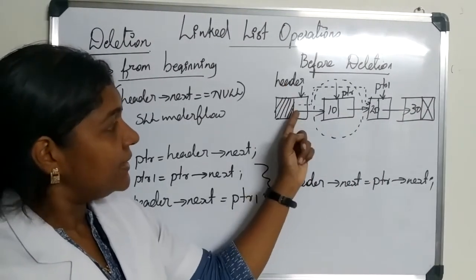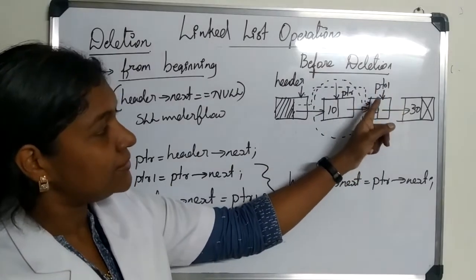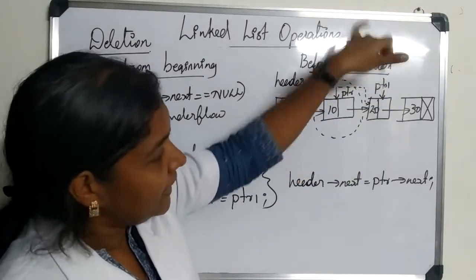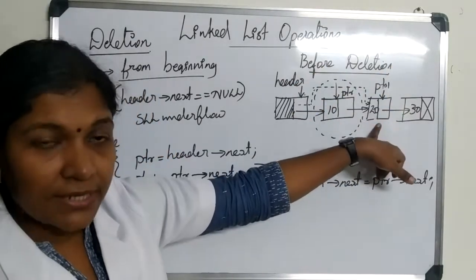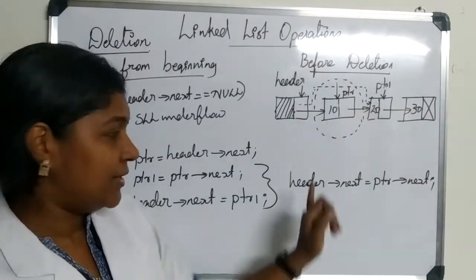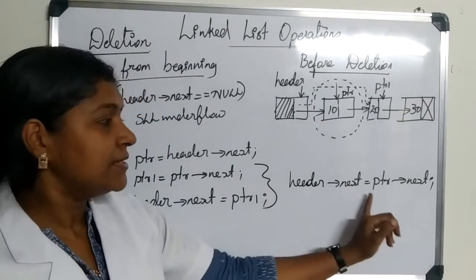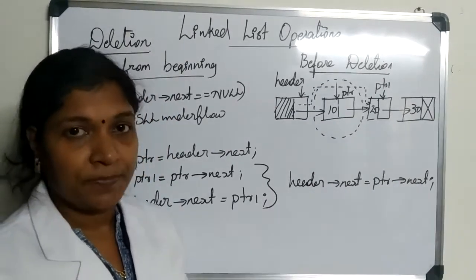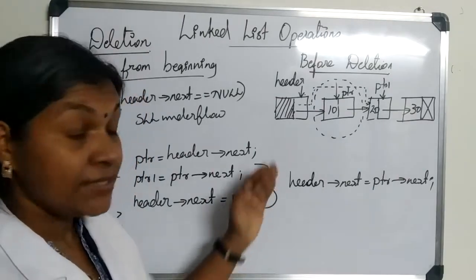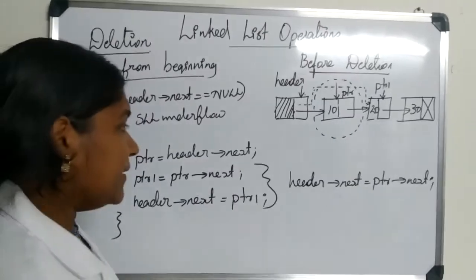We are making the next link of header point to this node. If this node has no name, it can be referred to as PTR dot next. So we have written the same: header dot next is equal to PTR dot next. Clear? So this is the first case, deleting a node from the beginning.